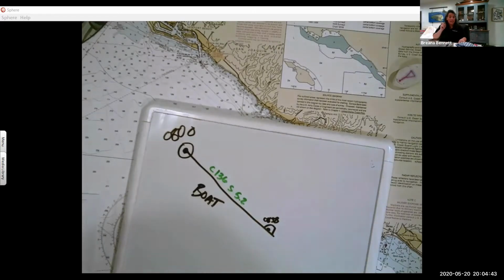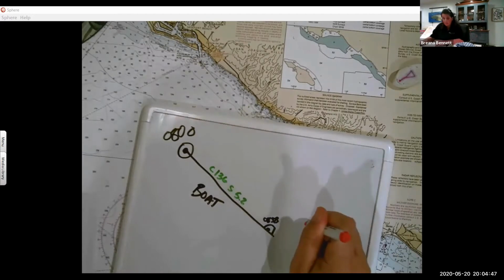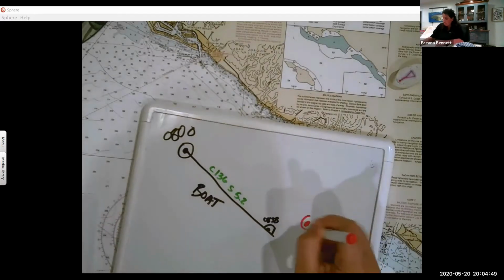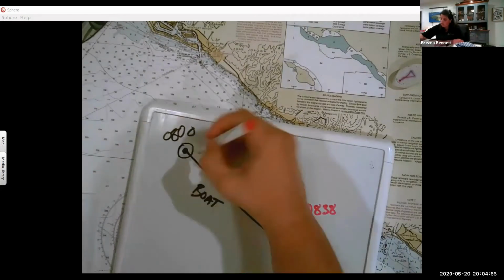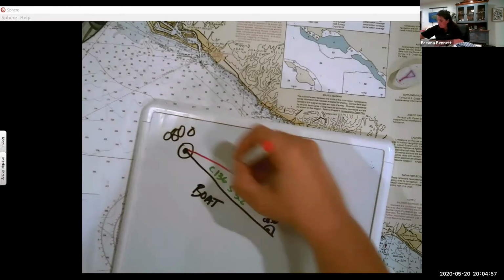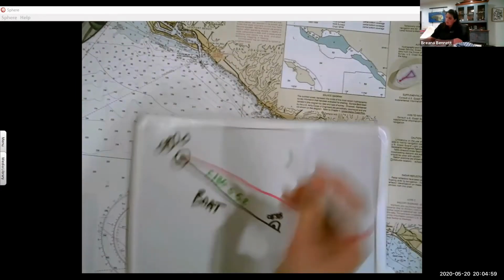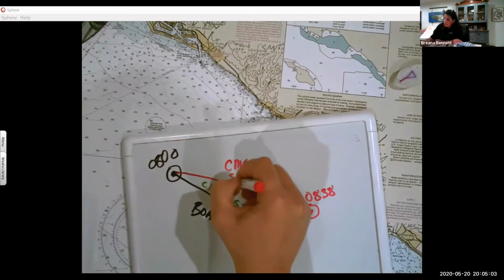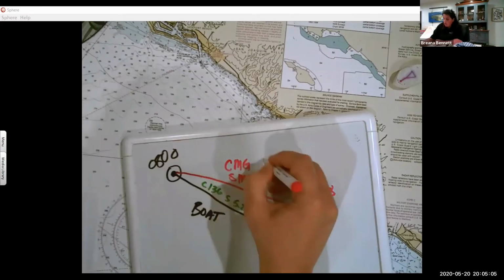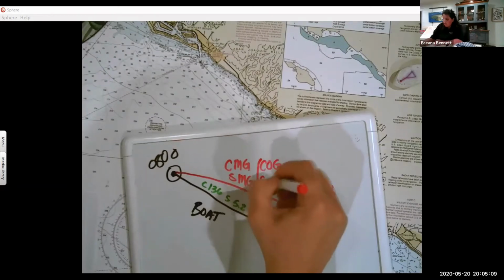And then we got an actual position somewhere around here at 8:38. So this is what we call course made good, speed made good, or course over ground, speed over ground.